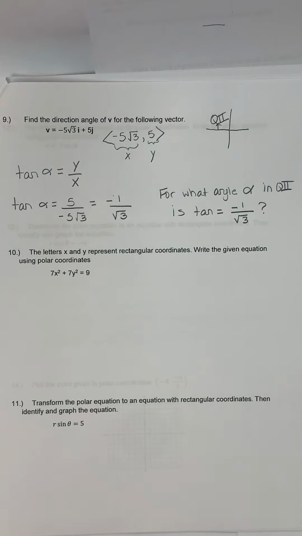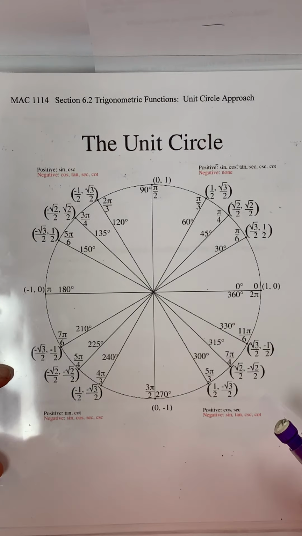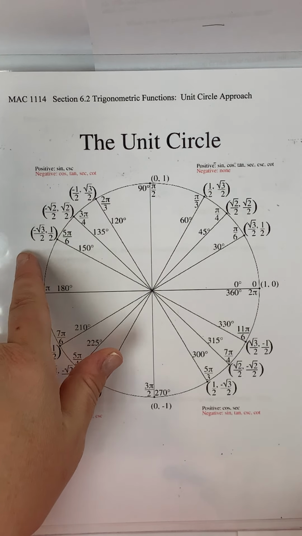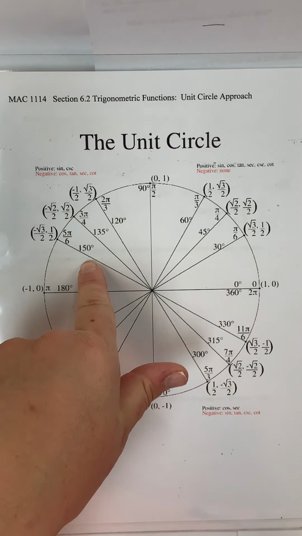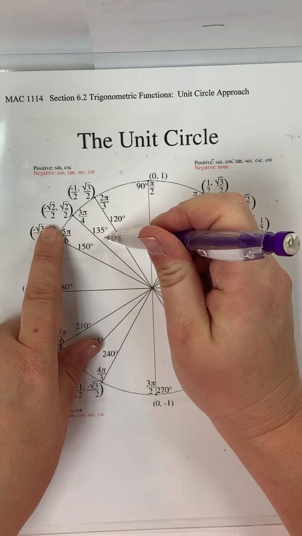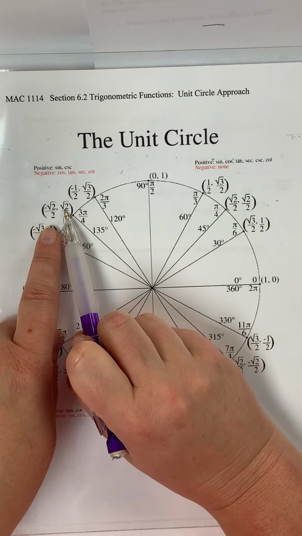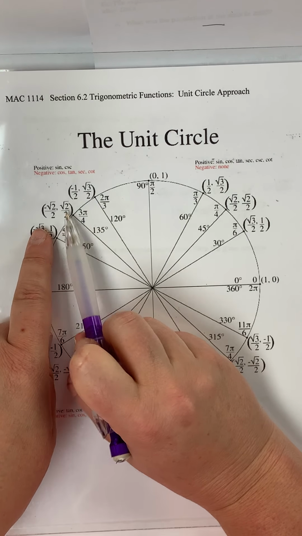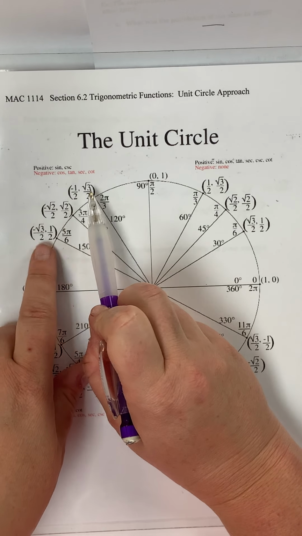If I take my unit circle and I'm looking in quadrant 2, I have 3 choices for my degrees, and it wants it in degrees. It's not going to be 135 because the tangent of 135 is negative 1, y over x. That means it's got to be one of these two.